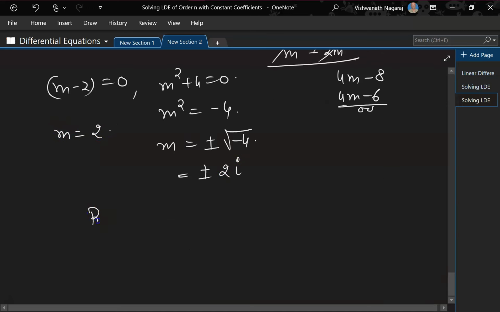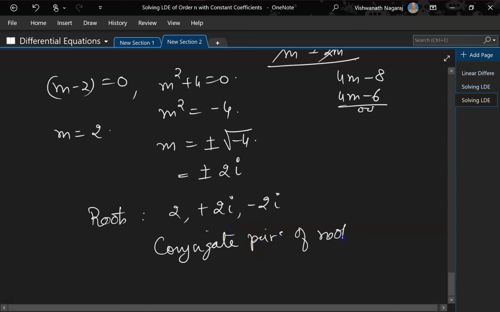So we have got the roots as 2, plus 2i, minus 2i. So the conjugate pair of roots we have got.